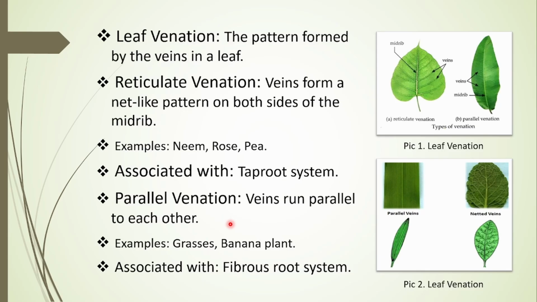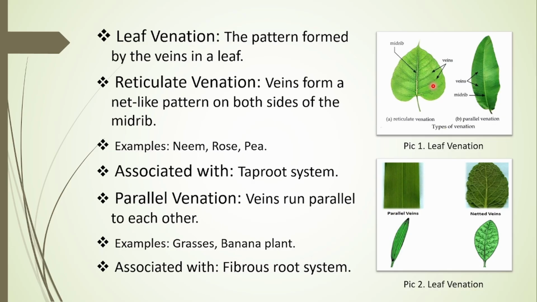Then leaf venation, the pattern formed by the veins in a leaf. There are two types of leaf venation, that is reticulate venation and parallel venation. What is meant by reticulate venation? Veins form a net-like pattern on both sides of the midrib. This is the midrib and both sides. This is the left side of the midrib and this is the right side of the midrib.